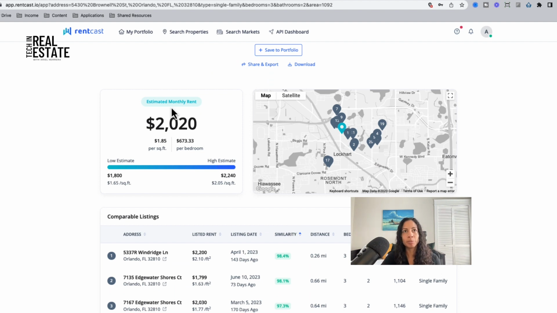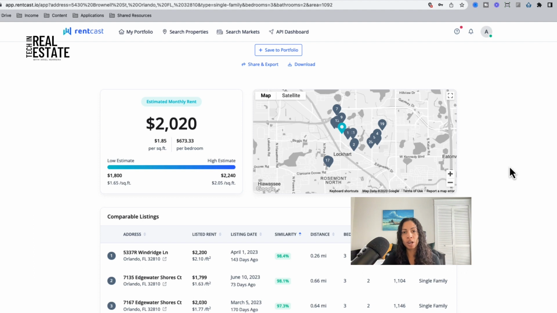One, the estimated monthly rent, which is about $2,000. We could see the low estimate and the high estimate as well, including price per square foot too. On the right-hand side, we could see a map, and this shows our rental property alongside the comparables around it.